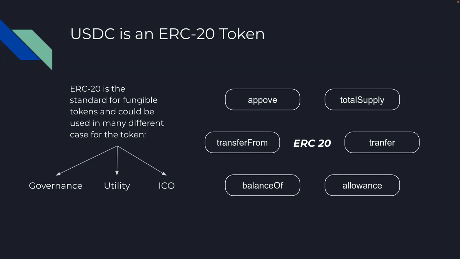Then there is transferFrom, which is used by the address that has the allowance. The allowance is the amount of tokens that a specific address has the ability to move. transferFrom is the function that can move those tokens from an address that does not directly own them. And then transfer is the normal transfer, when I transfer my tokens from one wallet to another.